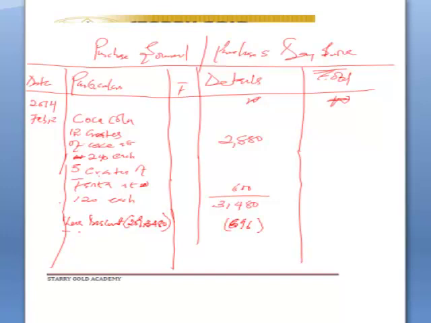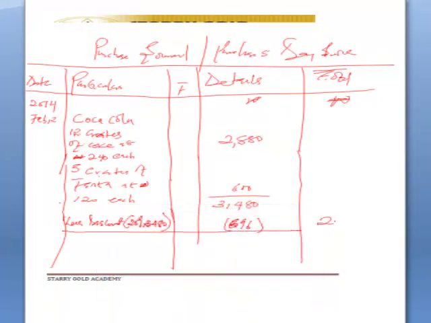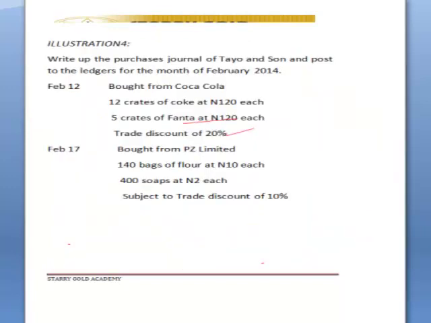When we less this, we get the net total, and that will be 2,784.